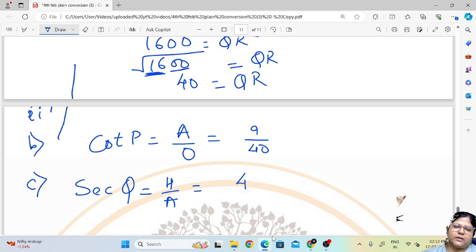Okay, so 41 upon 9. No, sorry, a mistake is there. Adjacent means 40 here.